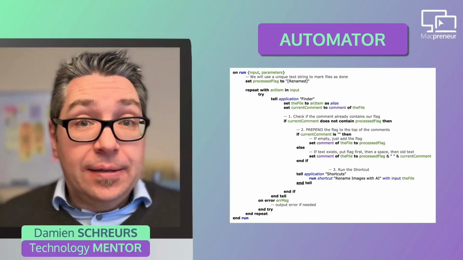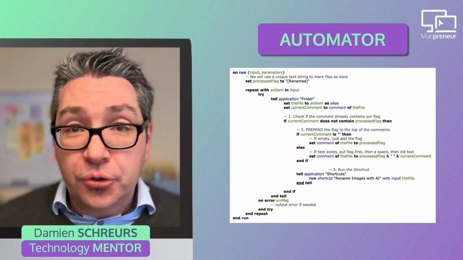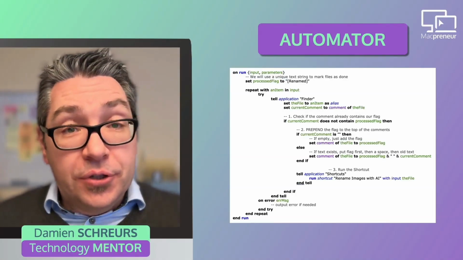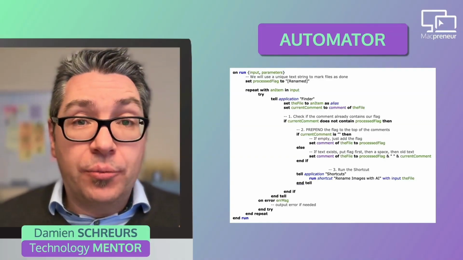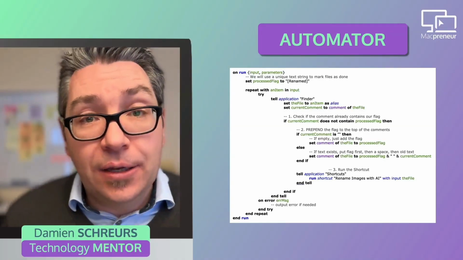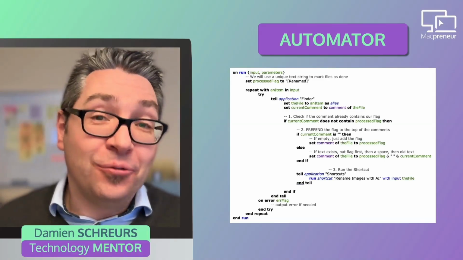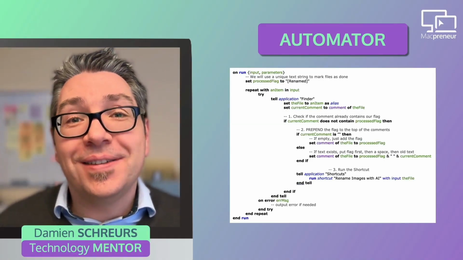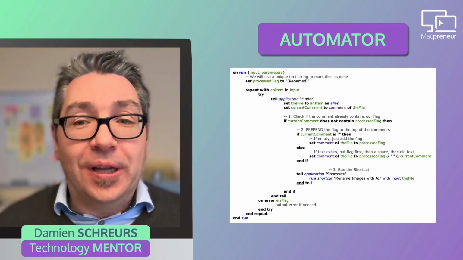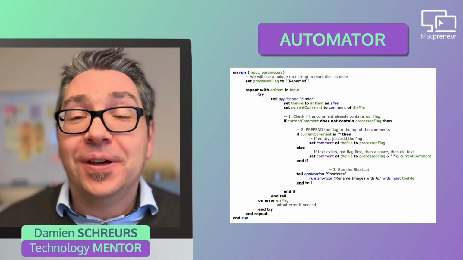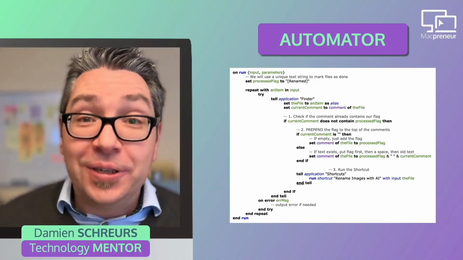If it finds that, it doesn't do anything. It will not run the shortcut anymore. But if there is no "renamed" between square brackets in the comments, then it will run the shortcuts automation and it will then add "renamed" between square brackets to the comment section, so that once it is renamed, Automator will not try to rename it again.